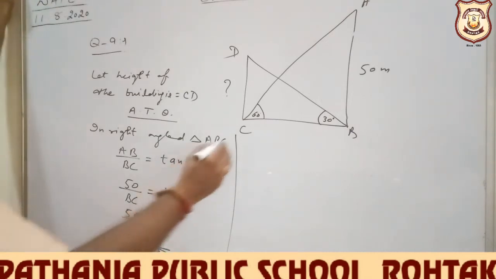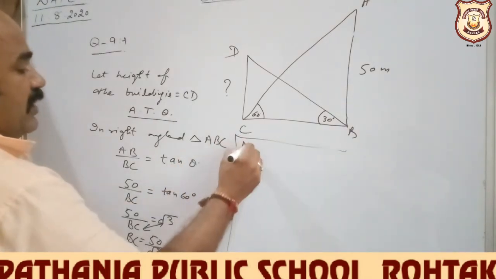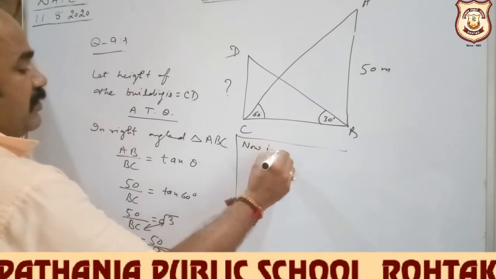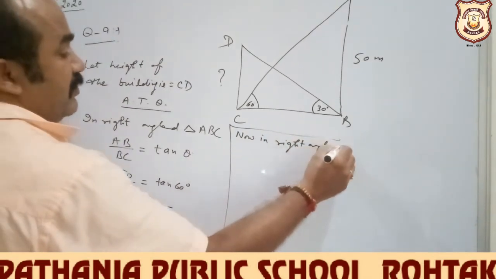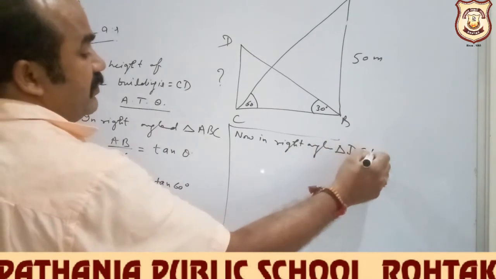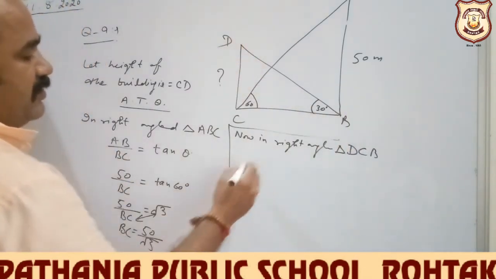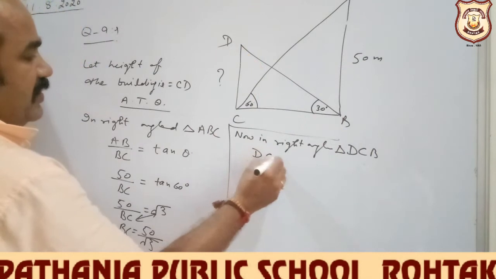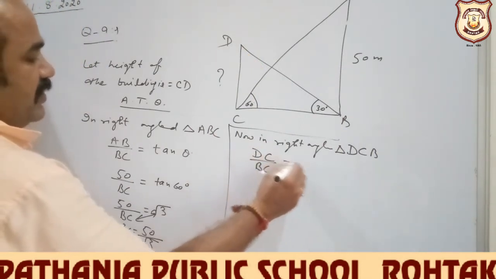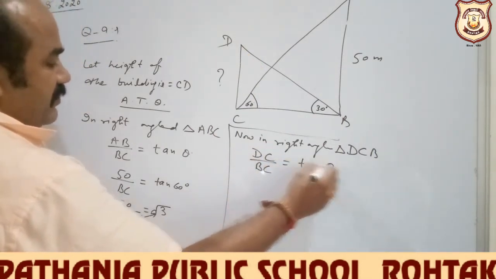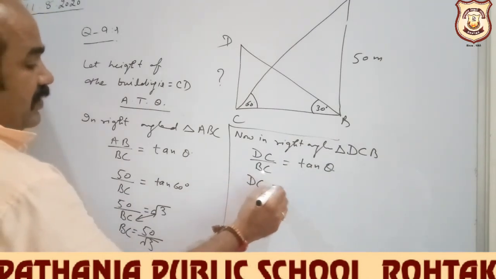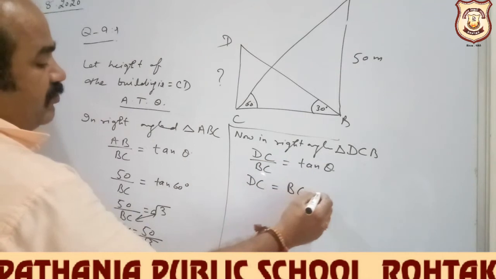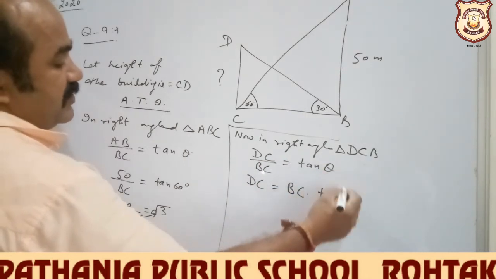After this, now in right angle triangle DCB, DC upon BC equal to tan theta. DC equal BC into tan 30 degree.